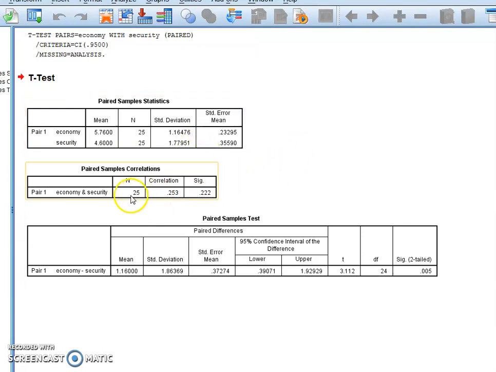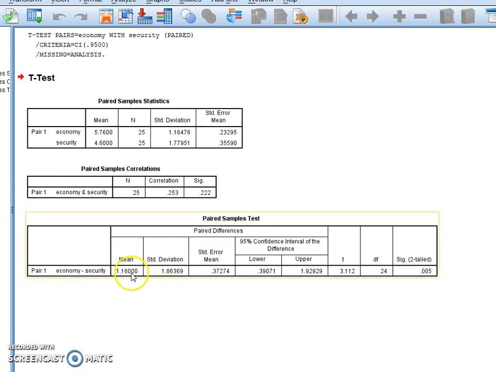Then when we look at the next one here, we can see that they've performed a correlation between the two to see how those scores correlate across all 25 people. And then finally, at the bottom, the data that we really need to answer our question. Recall our hypothesis was about the difference in the means.